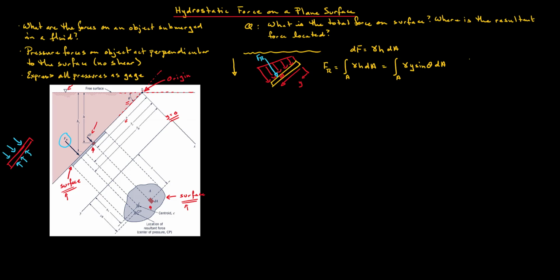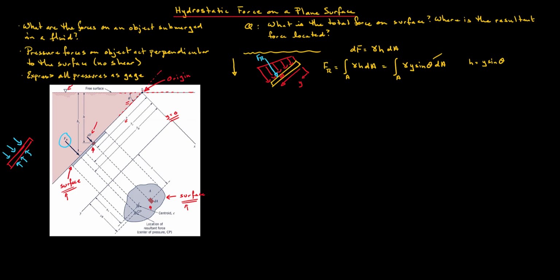Okay, so I'm just going to write here for clarity that h is equal to y sine of theta. So for a plane surface, which is what we're looking at here, theta will be constant.